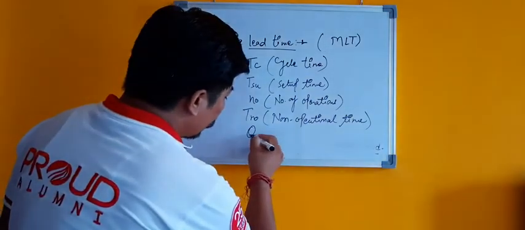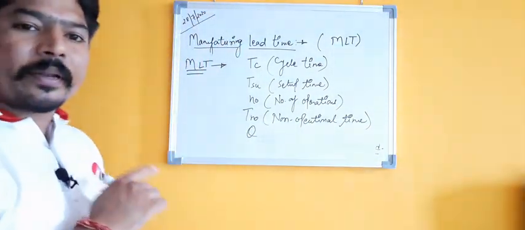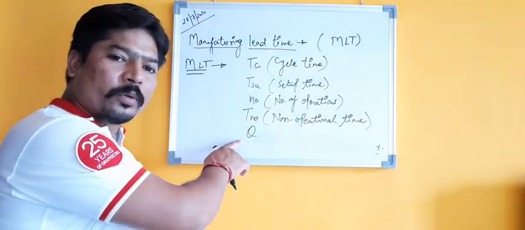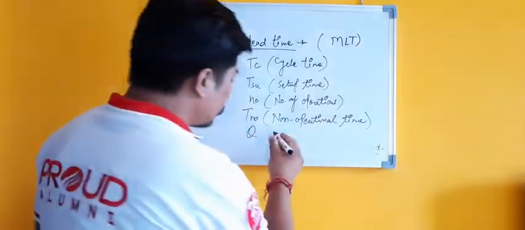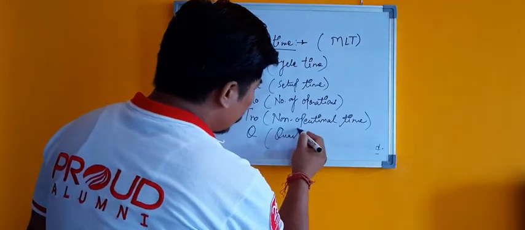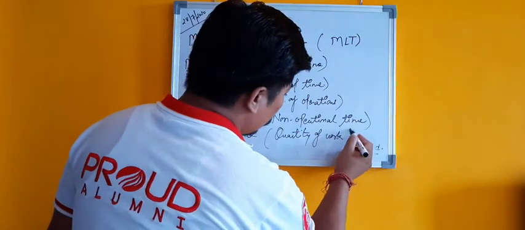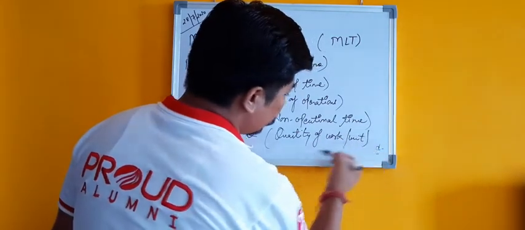And Q, this capital Q, I think we already discussed in earlier classes, is the quantity of work per unit.